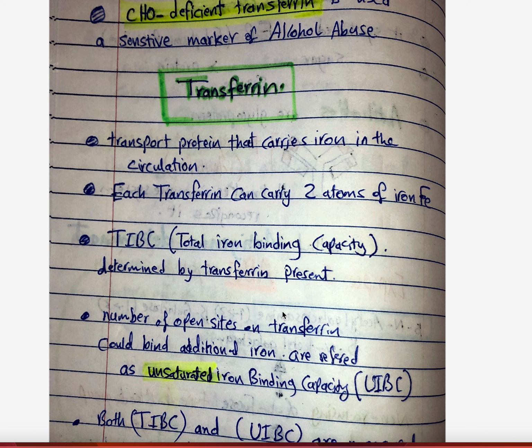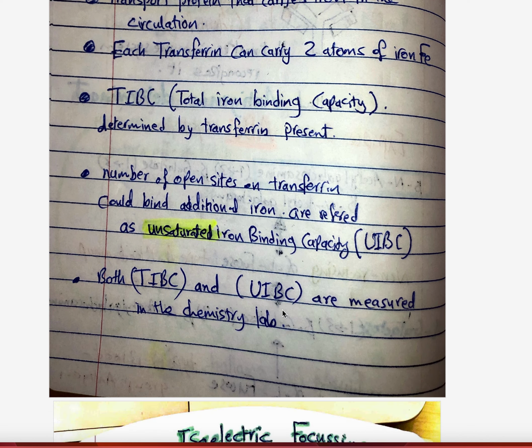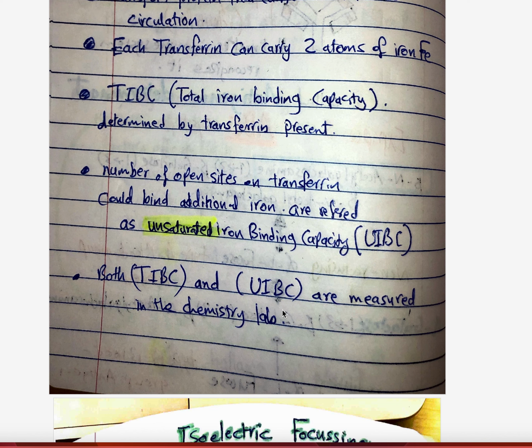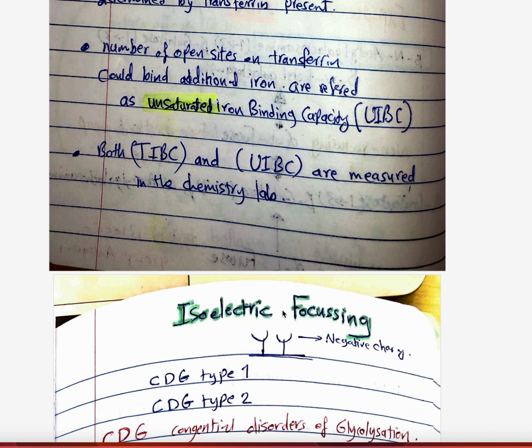The number of open sites on the transferrin that could bind additional iron is referred to as unsaturated iron binding capacity. If it's unsaturated, it can carry more iron. Total and unsaturated iron binding capacity are measured in the lab.